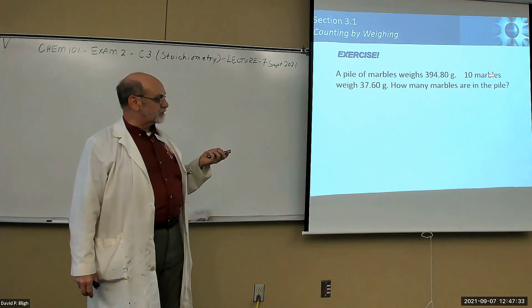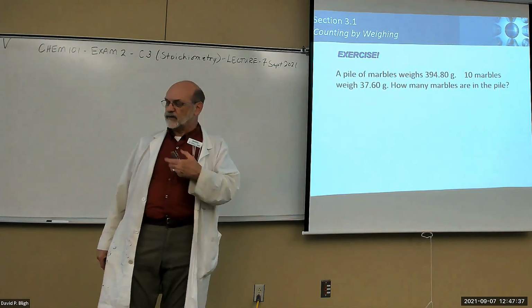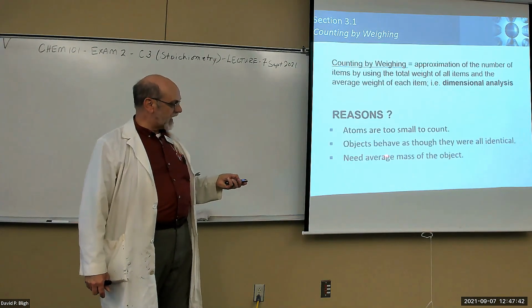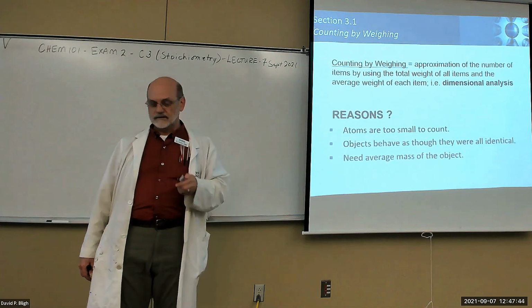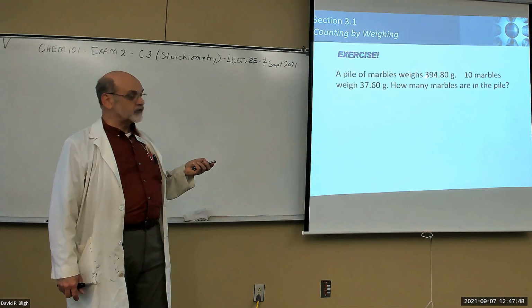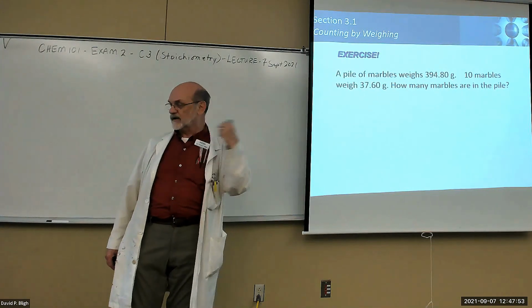So we take 10 of them and we determine the mass of the 10. Why do we do that? Because of this previous requirement. You need the average mass of each object. Once you know the average mass of each object, then you can use dimensional analysis to determine how many of the marbles there are in that pile.